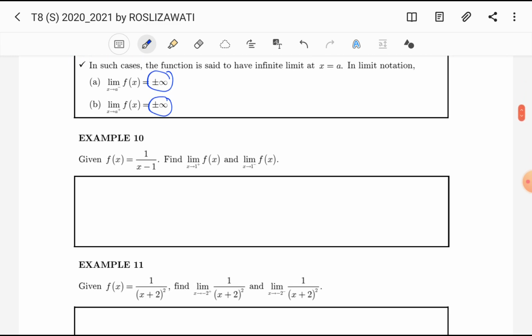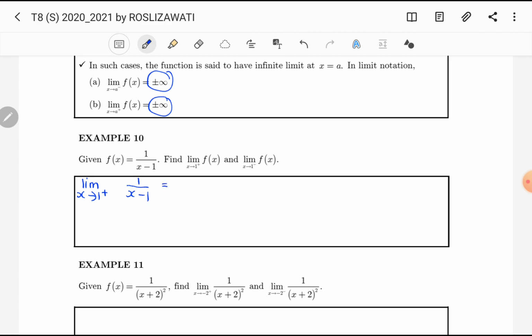Okay, so we go to example number 10. Given the function, find the limit as x approaches 1 positive and 1 negative. So we substitute. Limit as x approaches 1 positive first, of 1 over x minus 1.